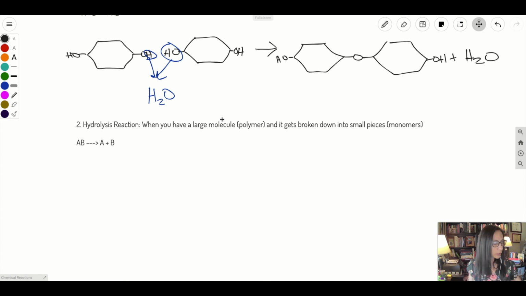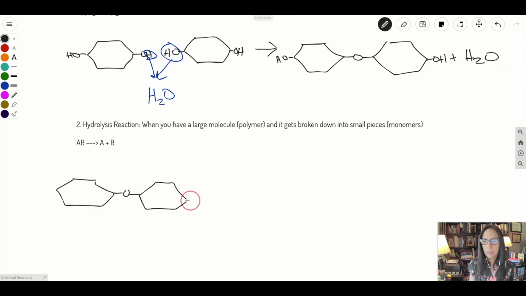So what we're going to start off with is our molecule with the 2 carbon rings. So here is one carbon ring that has 6 carbons in it. It's attached to an oxygen, which is attached to another carbon ring. And then we have our hydroxyl groups on each end.